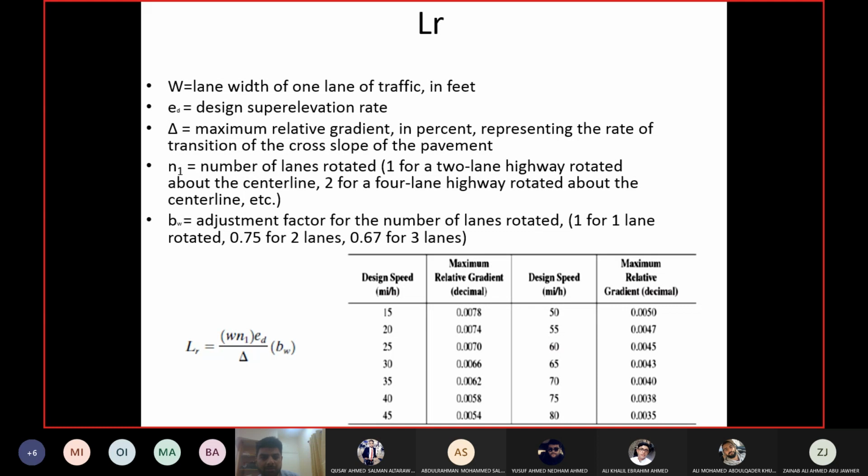The median becomes like a barrier between the 2 directions. So for example, a 6-lane highway means each direction has 3 lanes, or a 4-lane highway means each direction has 2 lanes, with a median between these 2 directions. Now I am providing super elevation for the right hand side and the left hand side direction separately.